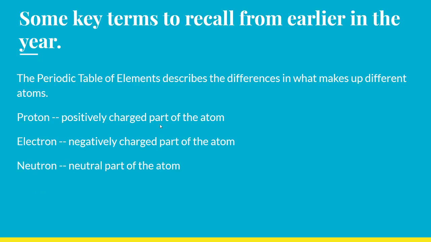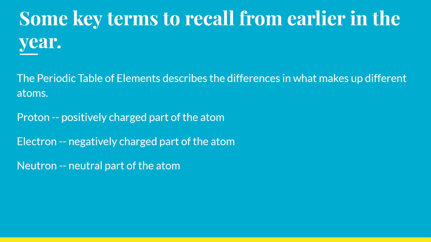And so I want to recall a few things from earlier in science where we talk about the periodic table of elements. It may actually be useful for you to have that with you while we look at things, but it describes the differences in what makes up different atoms.